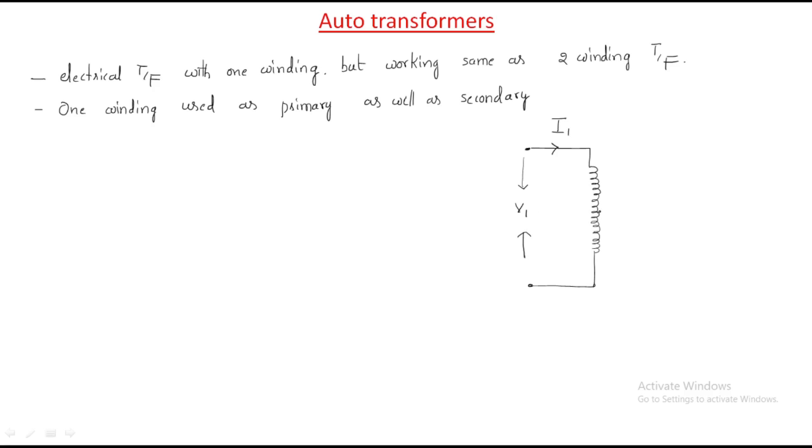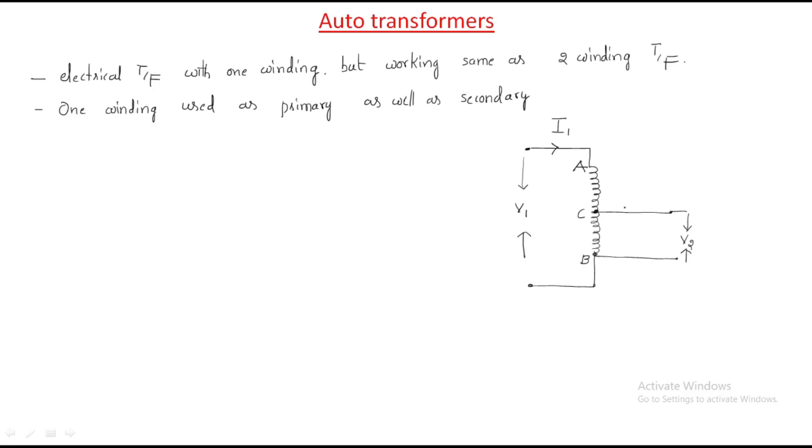Take some tap. Take the input voltage across A and B as the primary voltage, and a tap at C. C is a point, and C and B we take as the load, which is the secondary winding.